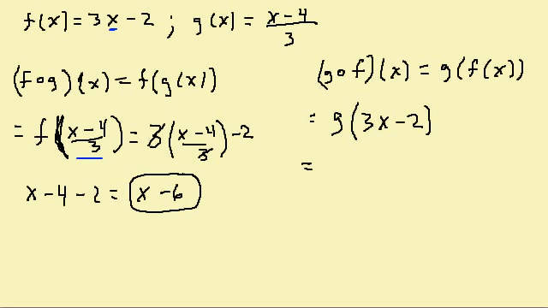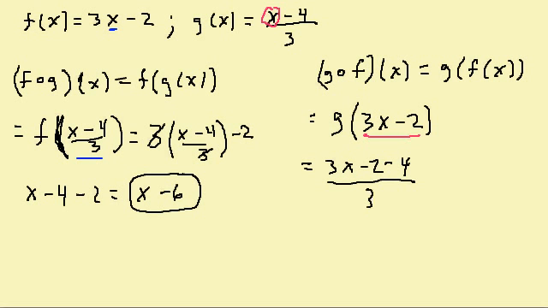Now we're going to plug 3x minus 2 in for x here. So this is x. So this is going to be 3x minus 2 minus 4 over 3.